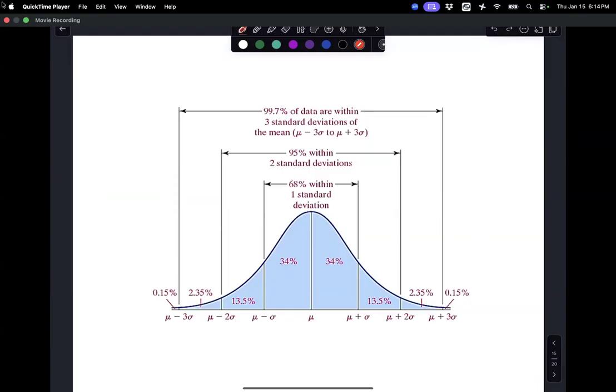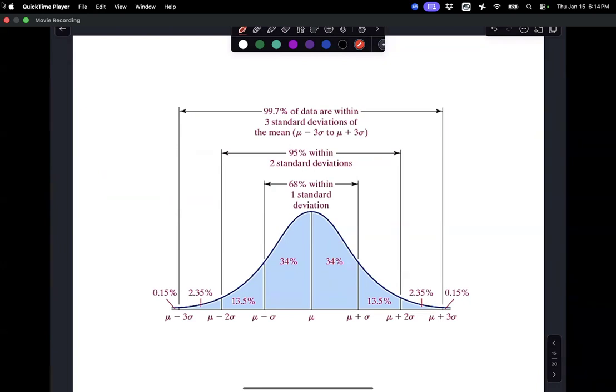Okay, so as I said, 68% of my data. If I subtract the standard deviation from the mean and I add the standard deviation to the mean and I have that little area, 68% of my data is going to be in there. I'm going to erase these. 68% of my data will be within that one standard deviation.